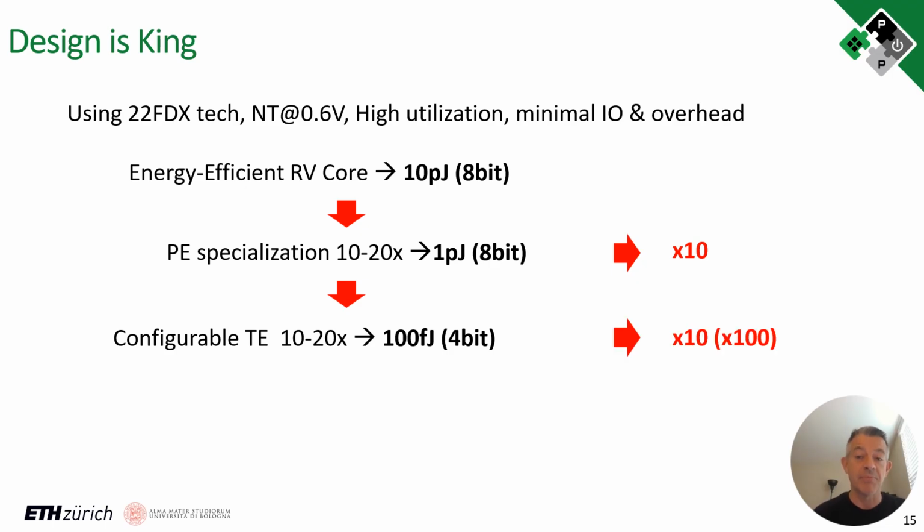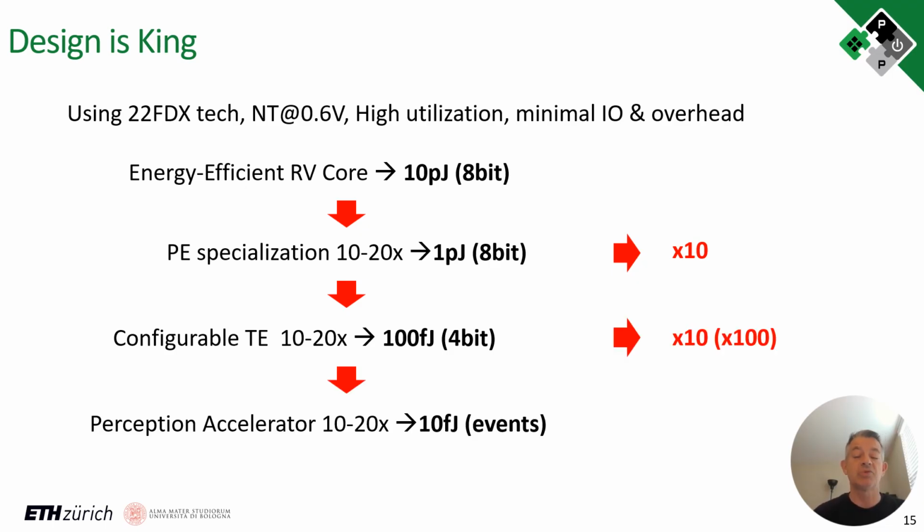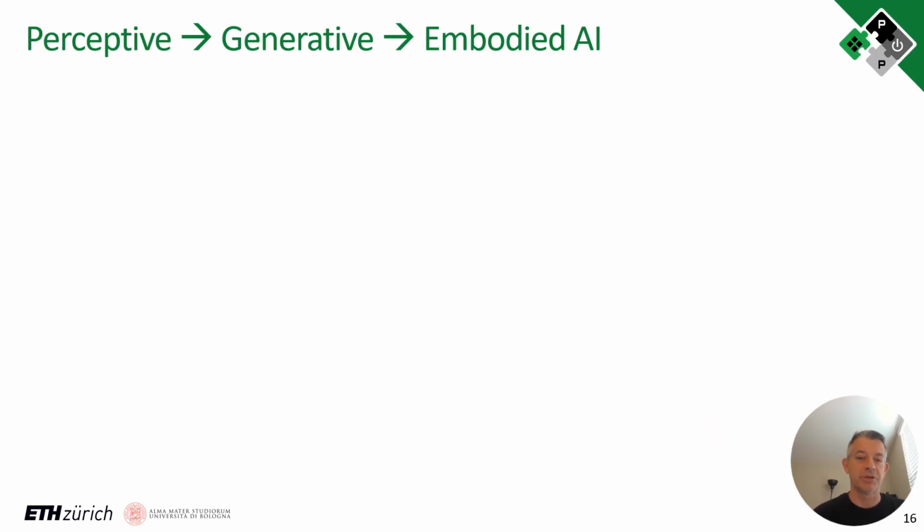And finally, by having fully specialized hardwired accelerators, we can reach another order of magnitude. So we have 4 orders of magnitude of innovation in efficiency thanks to heterogeneous specialization. It's a large design space that we are far from completely exploiting.